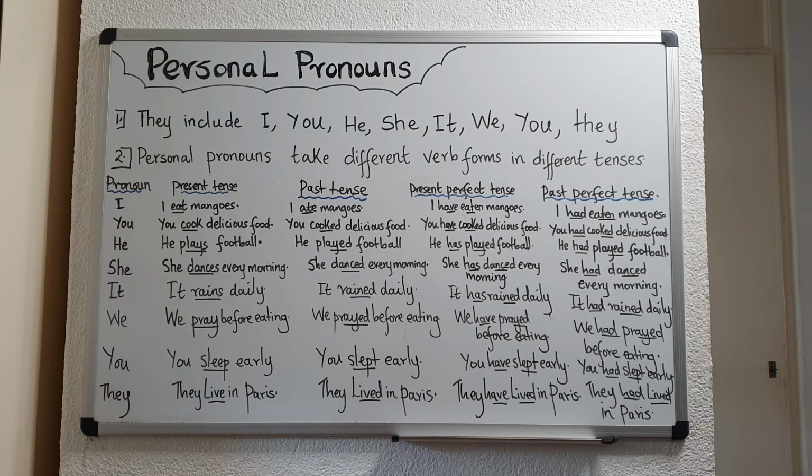Remember, a regular verb is a verb which in the past tense or in the present perfect tense or in the past perfect tense, you simply add ed. You cooked delicious food. In the present perfect tense, it becomes you have cooked delicious food.